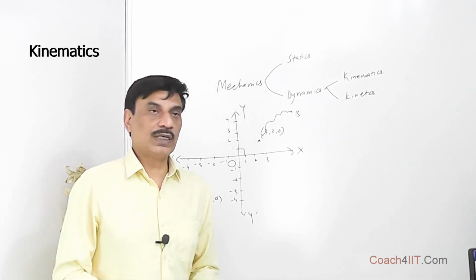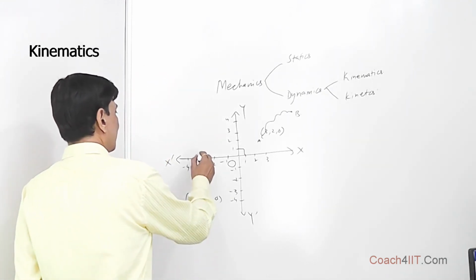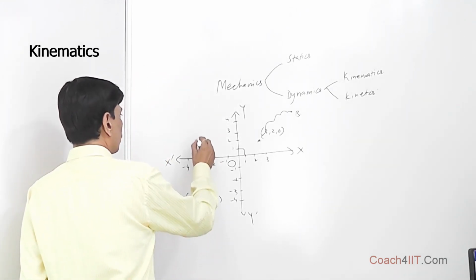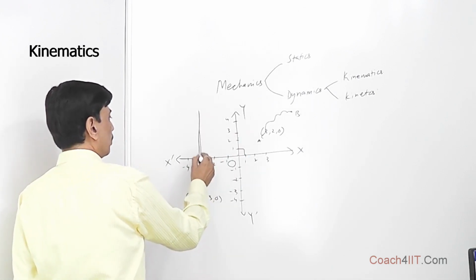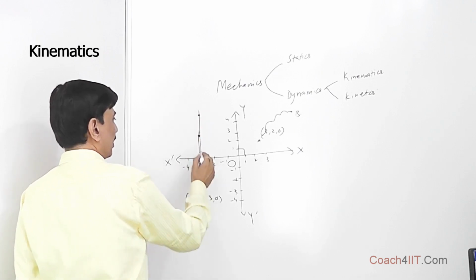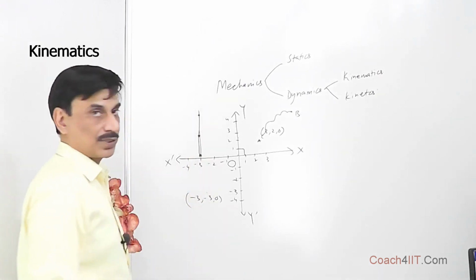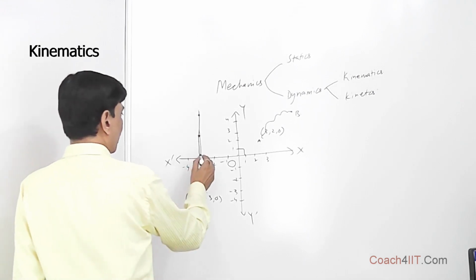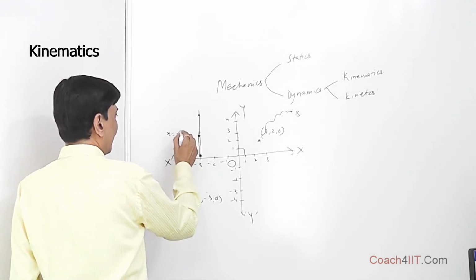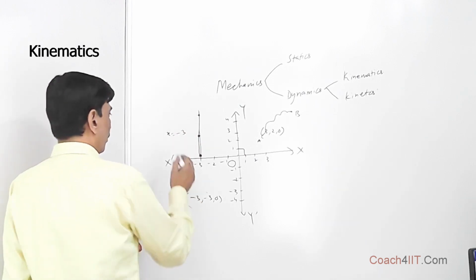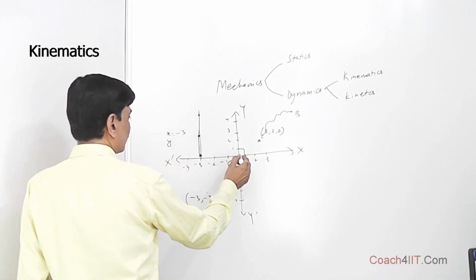The case of motion in one dimension is, suppose an insect, once again we take the example of an insect, which is going in this direction. So when it is going in this direction all the time, over here, over here, over here, we are taking arbitrarily 3 points. Any points you can take. So over here, X is all the while going to be -3. But Y is changing.